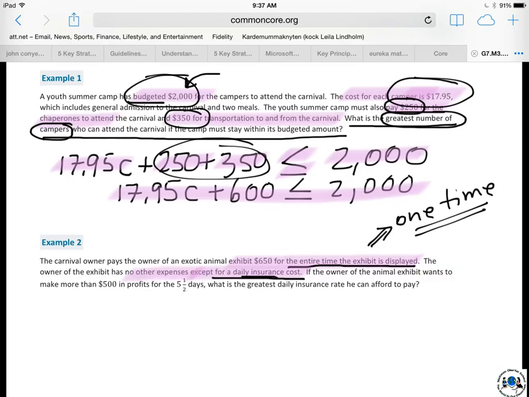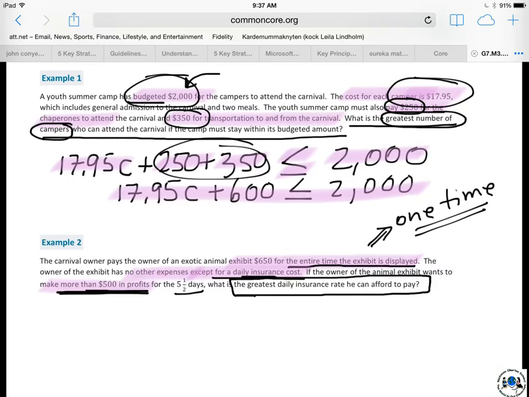If the owner of the animal exhibit wants to make more than $500 in profits, you can imagine what symbol we're going to be using now for inequality. For the 5.5 days, very important, what is the greatest daily insurance rate he can afford to pay?